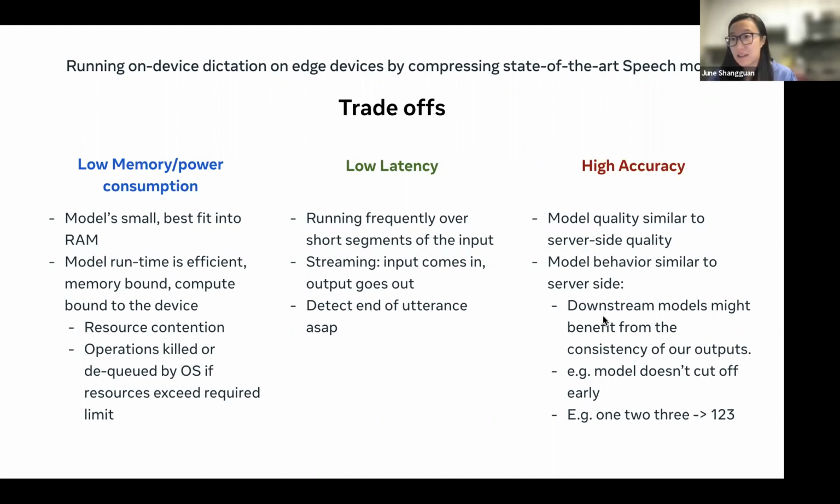More importantly, the downstream models, such as the natural language processing model, will expect similar quality transcripts. If your model cuts off audio earlier, or if you turn out numbers differently, the downstream model will report errors. So these are very challenging constraints that we need to meet.